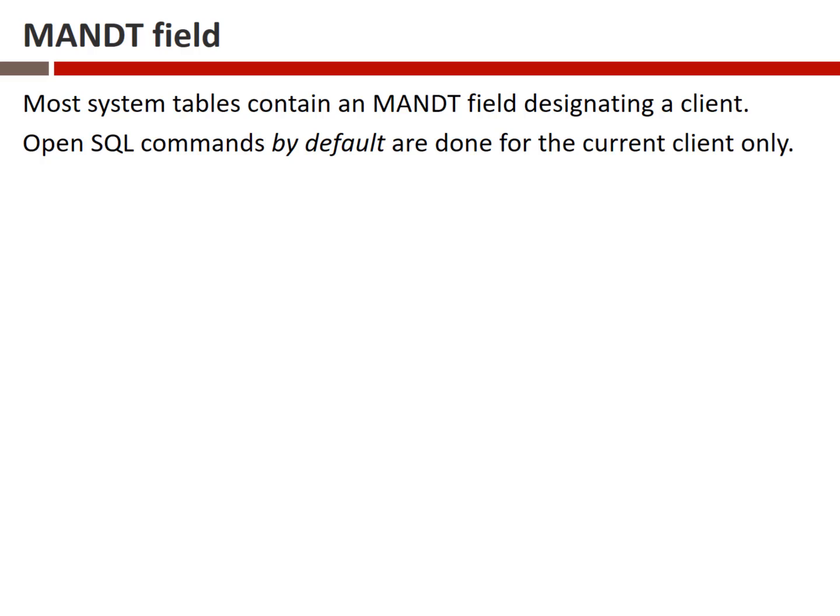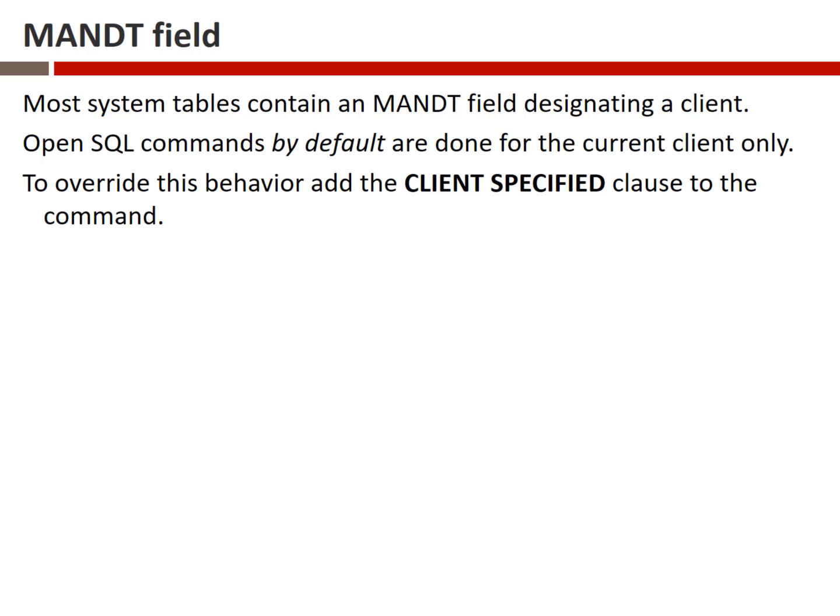Suppose I want to override that. Suppose I want to write a query and I want to pull back all of the data, not just the data that matches my client. First of all, can I do that? Yes, I can. But I have to change my syntax to allow this.